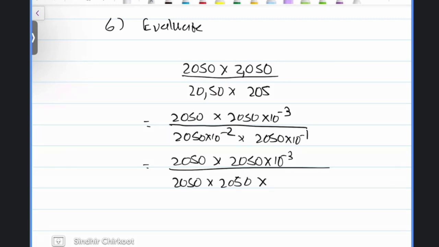But now, like I said, same base, we're going to add those exponents. So that's going to become times 10 to the minus 3 for the bottom. What happens then? We know that both of these are times 10 to the minus 3. That goes away. And then 2050 and 2050 cancel, 2050 and 2050 cancel, and we are just left with 1. And that's that.